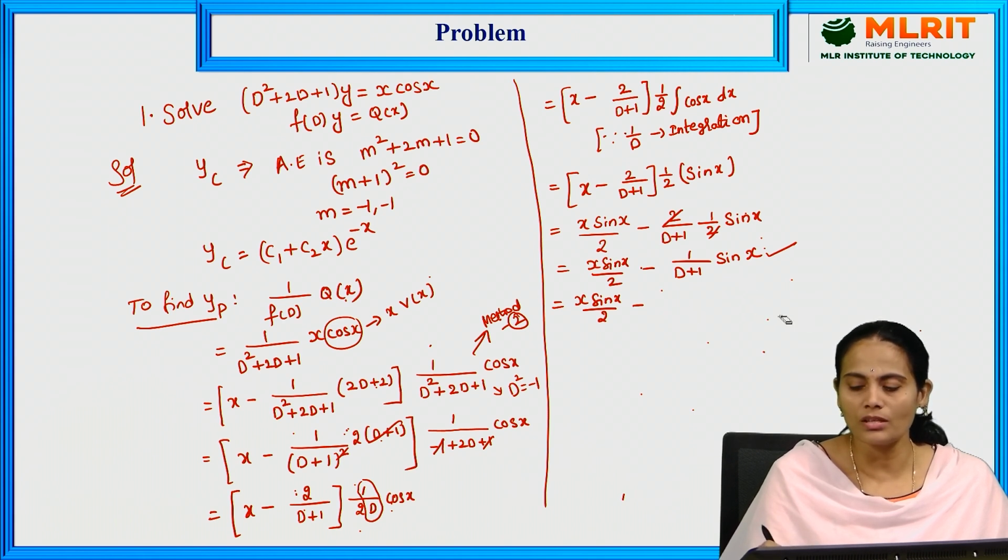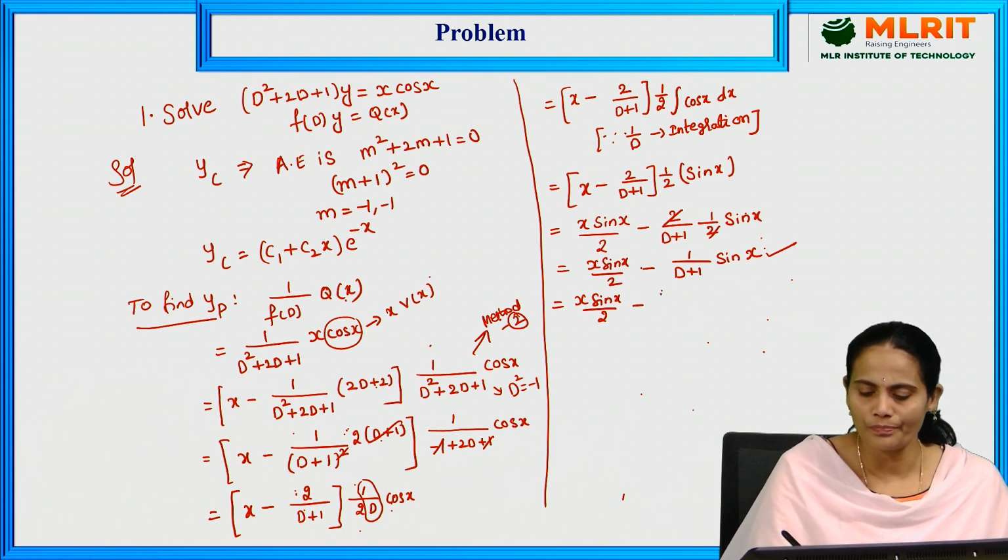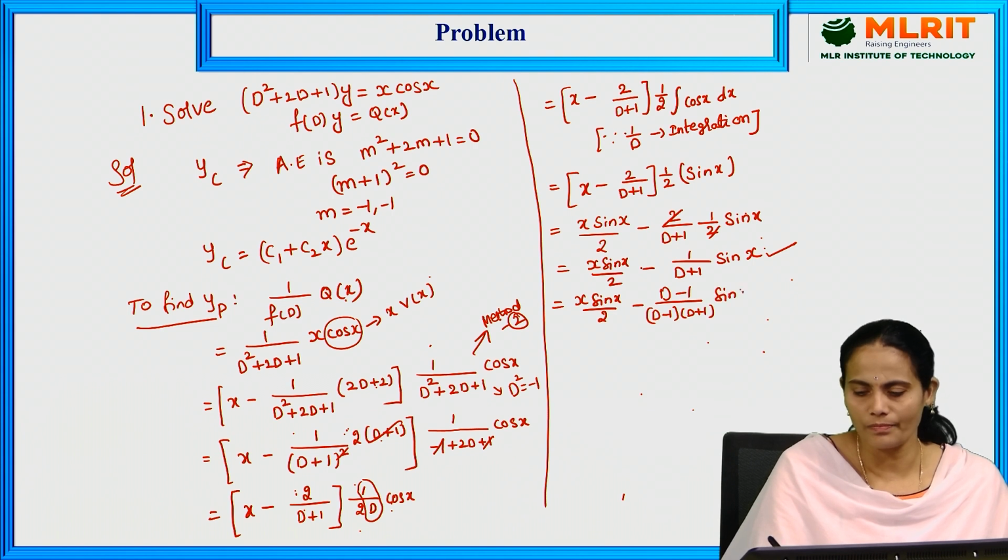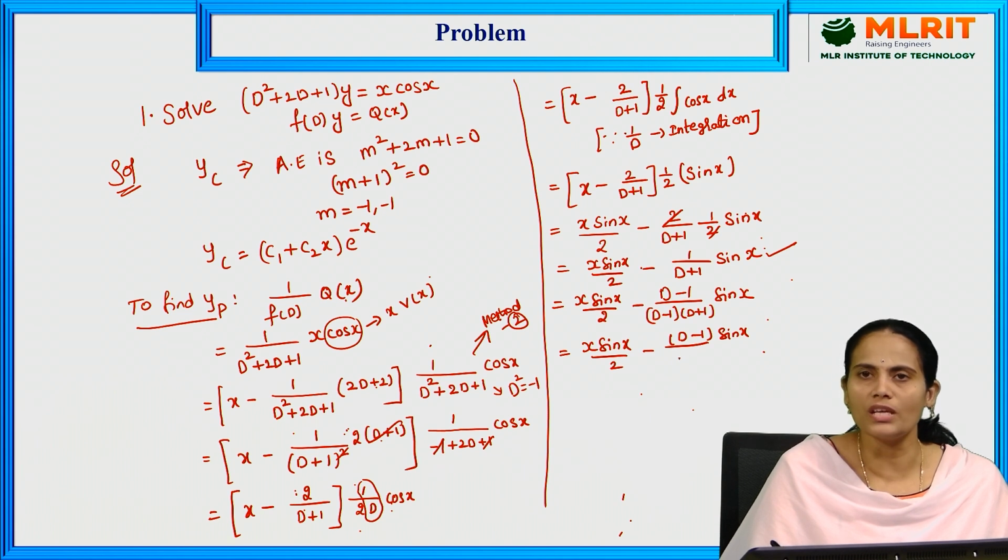So use the rationalization. So multiply and divide with d minus 1. So d minus 1 into d plus 1 into sin x. x sin x by 2 minus of d minus 1 into sin x by d minus 1 into d plus 1 is d square minus 1.